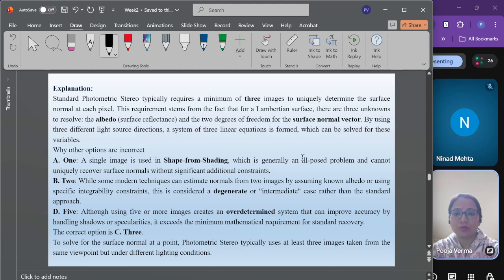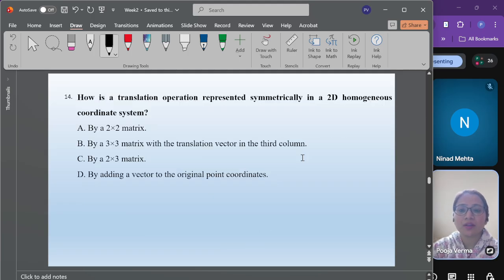Now moving to our next question. How is the translation operation represented in a 2D homogeneous coordinate system? Option A, by a 2 cross 2 matrix.